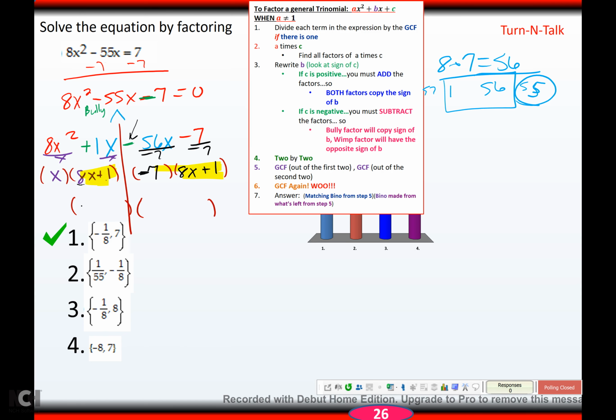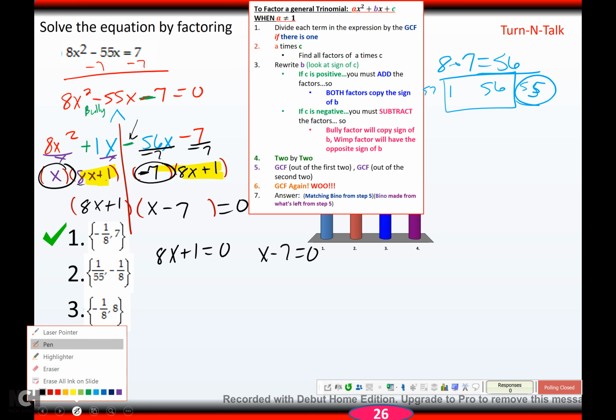So my GCF again is the 8x plus 1, and my what's left is going to be x minus 7 equals 0. Now they didn't just say factor it, they said solve it. So after you factor, then you set each factor to 0 and solve. So to solve the first one, I'm going to subtract 1.